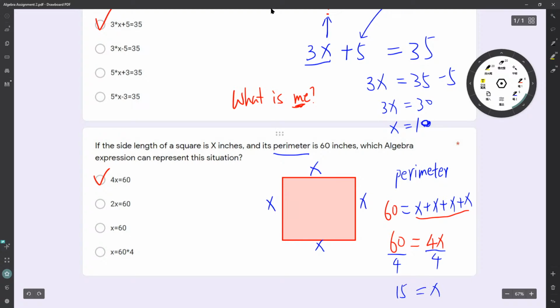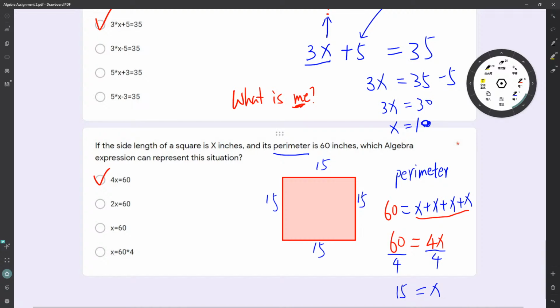I solved it. You can verify: if x is 15, the four sides will be 15, 15, 15, and 15, and adding them up, 15 plus 15 plus 15 plus 15 is 60. So we used algebraic thinking and we solved this problem. We found the length of the square. That concludes our solution for the second assignment for algebra.